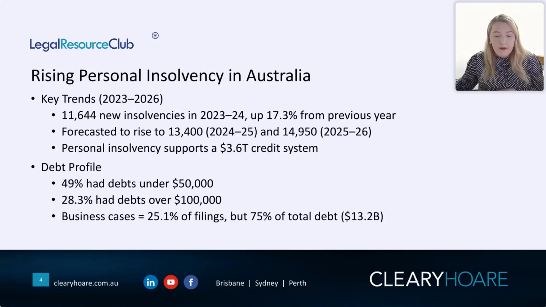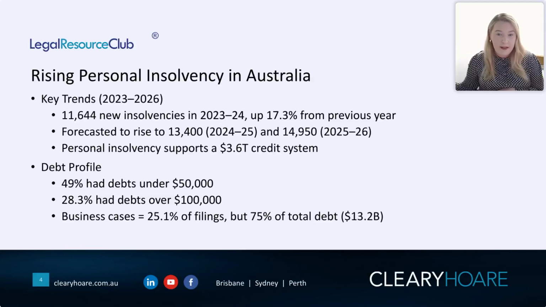Okay, so I did some research, and this is coming off the back of discussions with insolvency practitioners that we have contact with, who are saying that the last 12 months or so, they've been as busy as ever, and they've got an increasing amount of work coming their way.